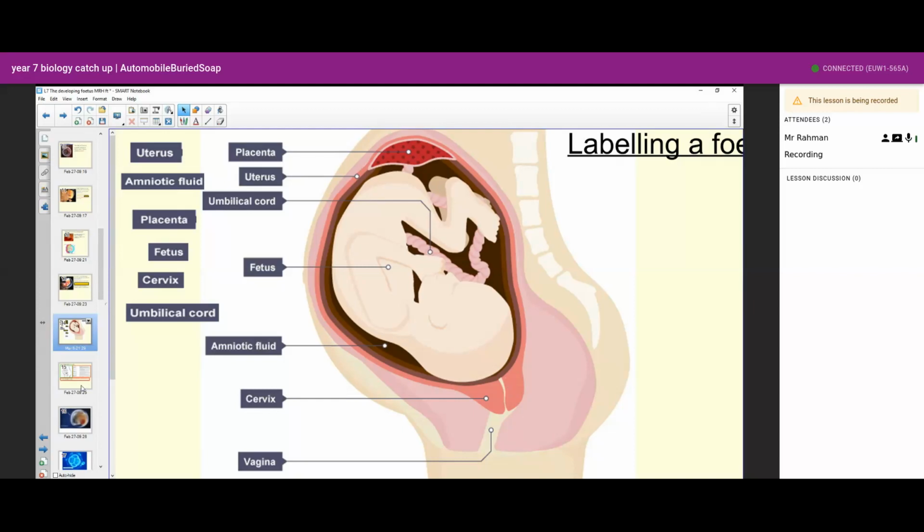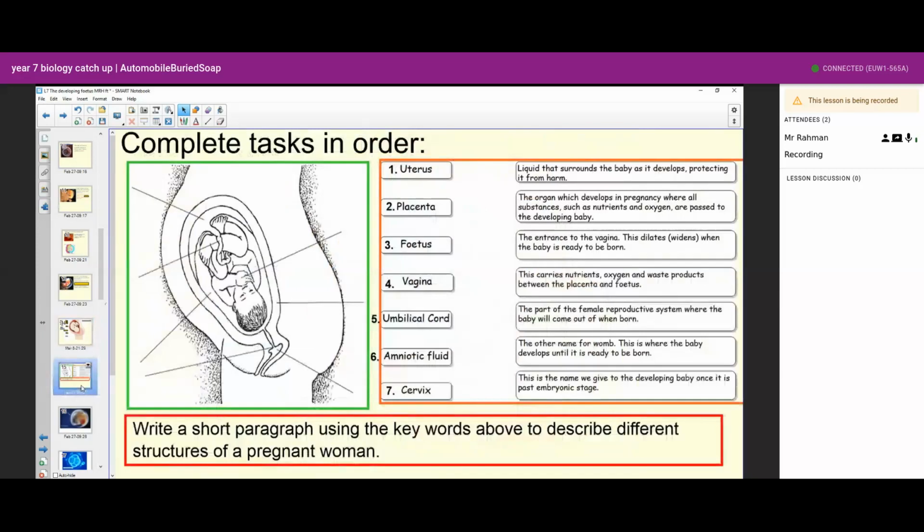So have a good look at that diagram. Make sure you know where the labels are. For the next task, we have a blank diagram, and we have the labels 1 down to 7. So 1 is the uterus, 2 is the placenta, etc. On a piece of paper, see if you can label these keywords on the diagram yourself.